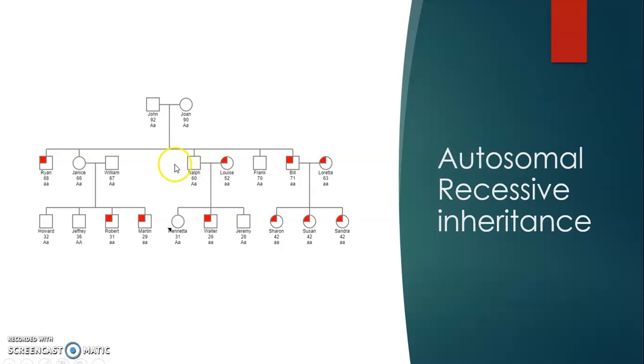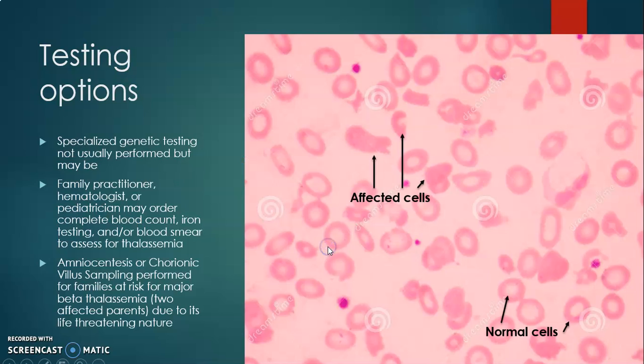But then if those carriers mate with affected people, then they will produce both carriers and affected people. And then, as you see all the way on the right, 2 affected people would produce all affected children, and those children more than likely are going to have very severe beta thalassemia.